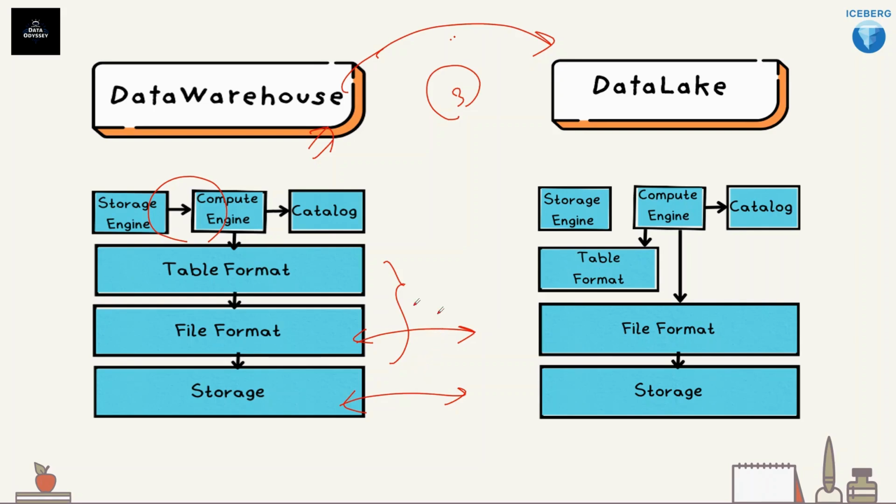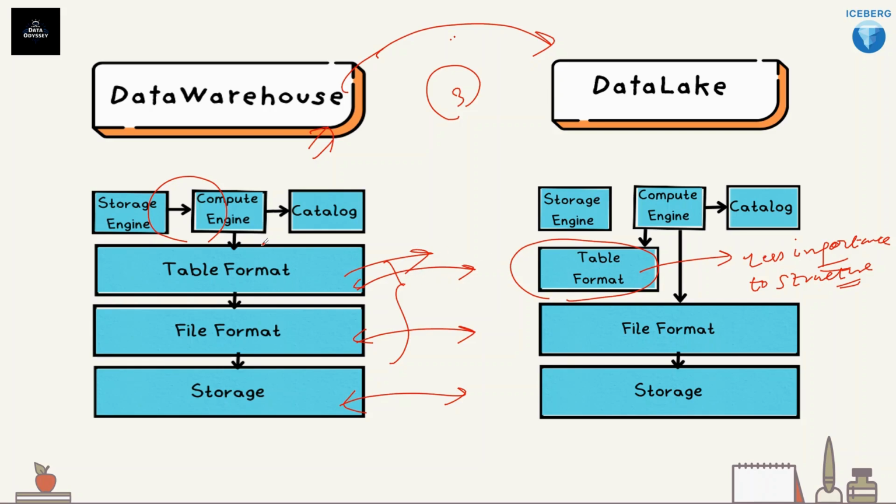But in the world of data lake, the table format is of smaller size. What does the smaller size signify? It signifies less importance of table format. That means in the world of data lake, you do not give importance to the structure of your data, which data warehouse does give.